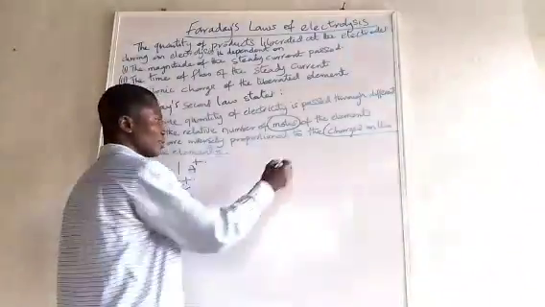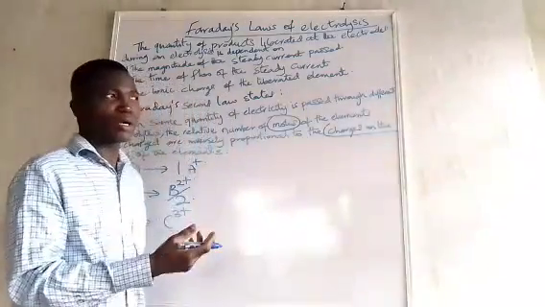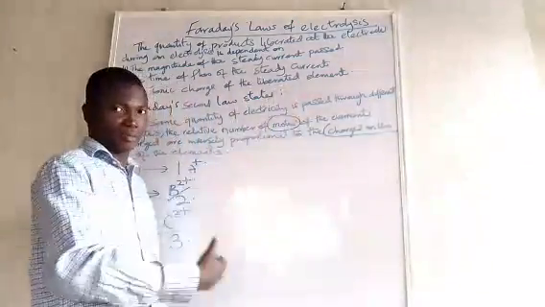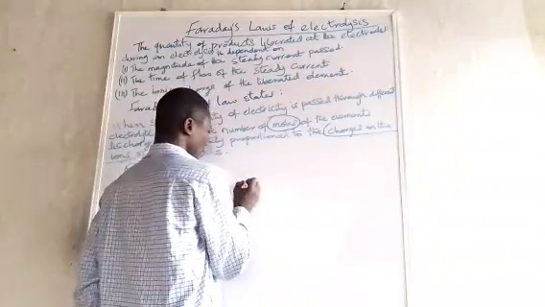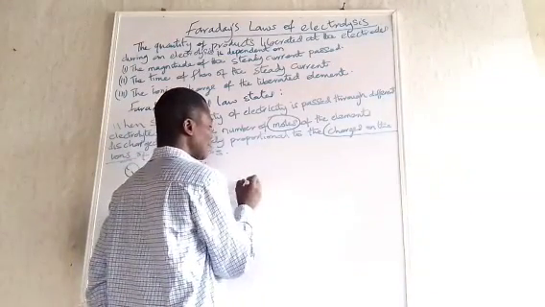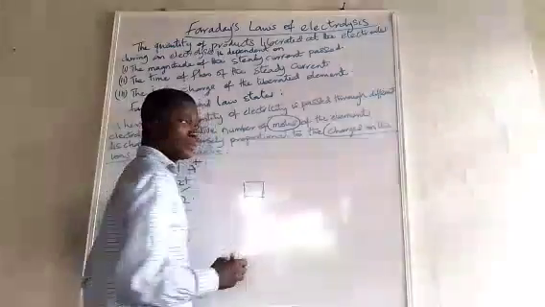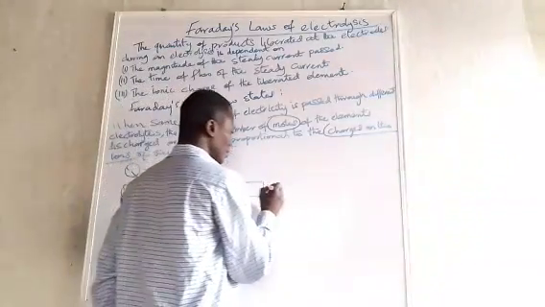Now let's also look at it this way. We talk about series. When it's in series, currents will be equal. Let us now say we have this one. We talk about resistance in series.